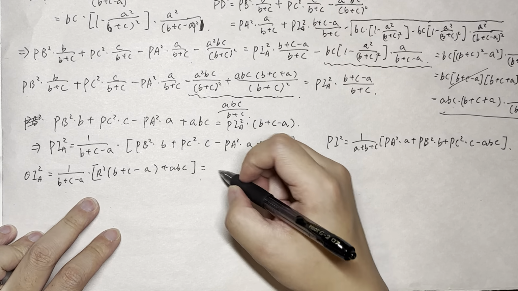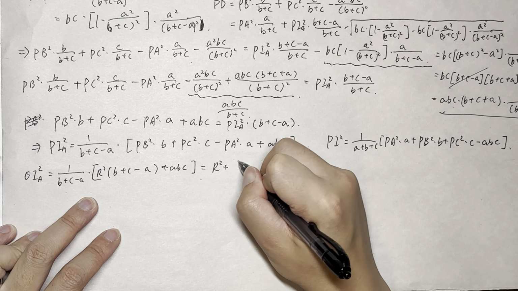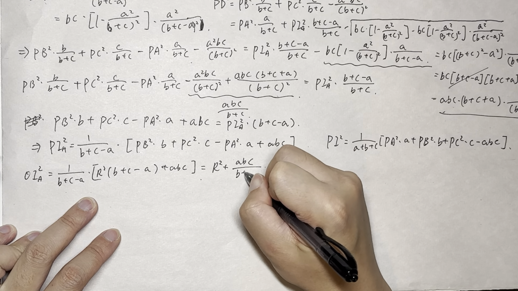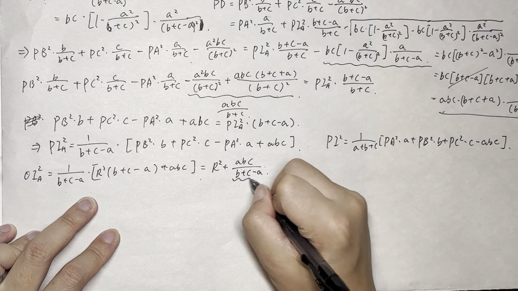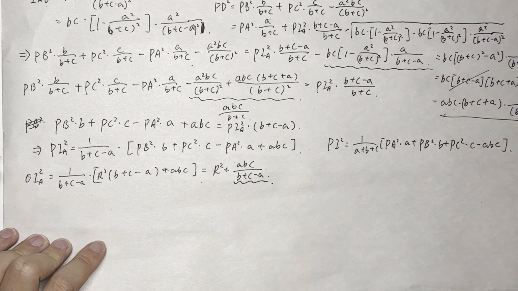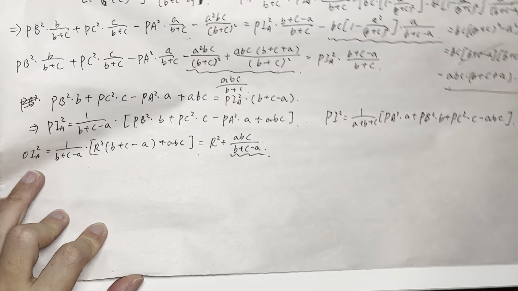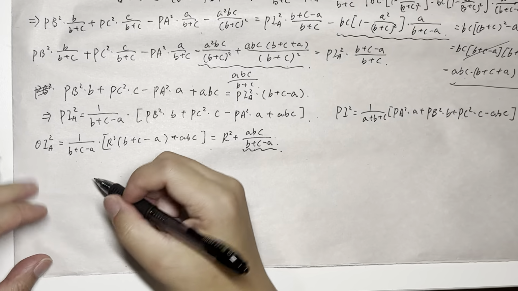It equals R squared plus ABC to B plus C minus A. What is this?